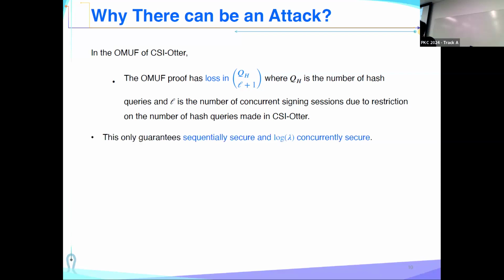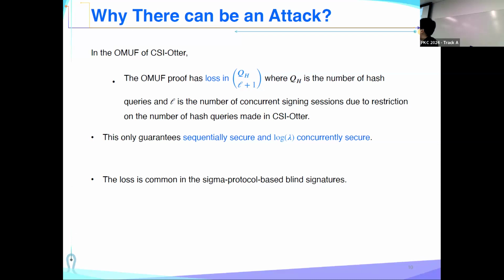So this means that blind signatures like Sterlin are sequentially secure, or log lambda concurrently secure. They can only support a small number of concurrent signing sessions. But we have to emphasize that this loss is very common in sigma protocol-based blind signatures.